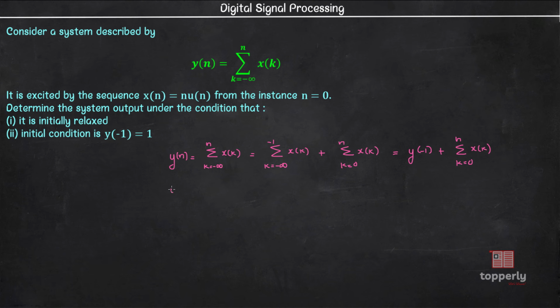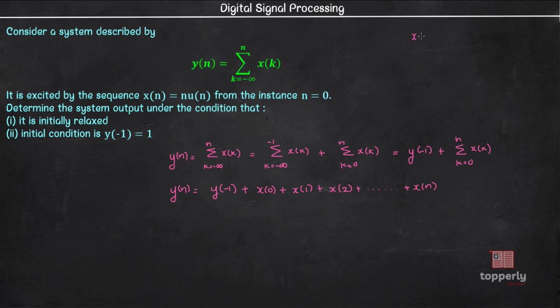Okay, so we have y of n equal to y of minus 1 plus, let us expand this summation, x of 0 plus x of 1 plus x of 2 plus etc. to x of n. We are given in the question that x of n equal to n into u of n for n greater than or equal to 0.